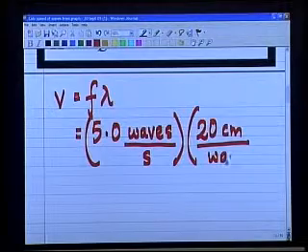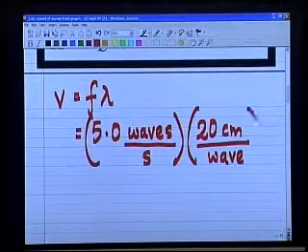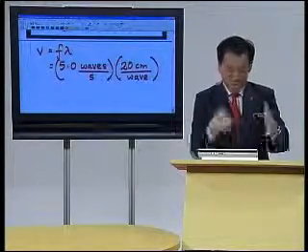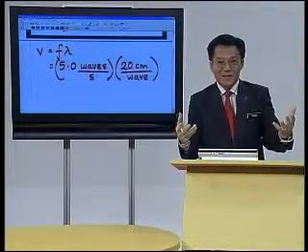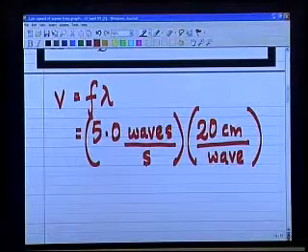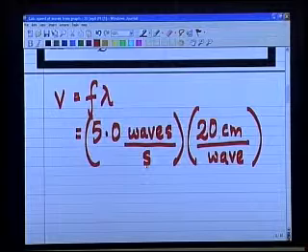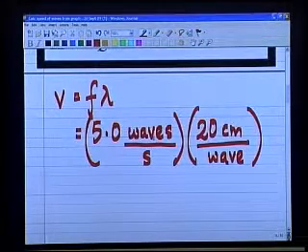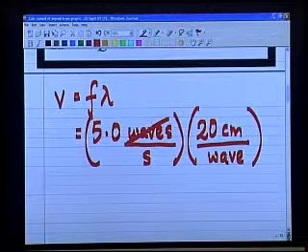Now this is another method to help you understand why this particular formula will give us the velocity. So 5 waves per second multiplied by 20 centimeters per wavelength. Now you cancel off the waves.